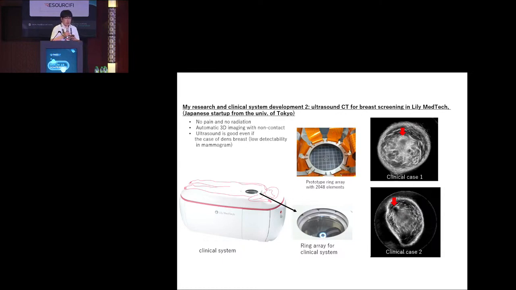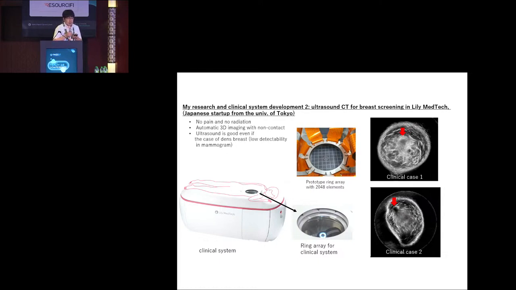In the imaging area, a ring array transducer is positioned with a diameter of 20 centimeters and 20,000 elements. In the right image, a typical clinical image, we can easily see the tumor. This system is non-contact and gives a 3D image. That point is very important in the last half of my topics. And this device is painless.